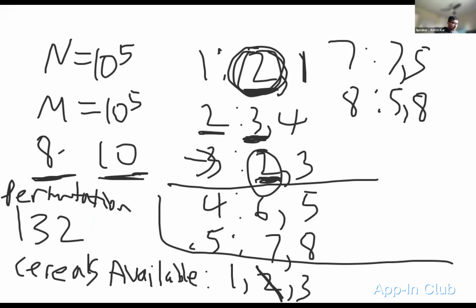Cow 3 arrives, and I'm going to change this to 1, I think that's what it was in the original one. Sorry about that. Cow 3 arrives, they pick the first one. And then cow 2 arrives and they're able to pick the third one. So this is an example of an optimal permutation.